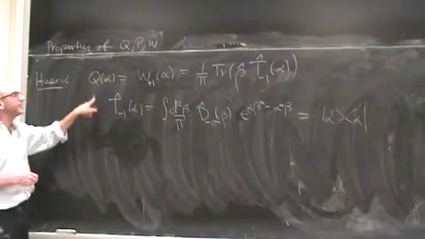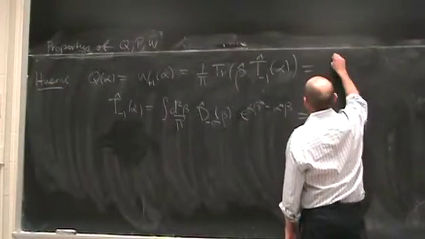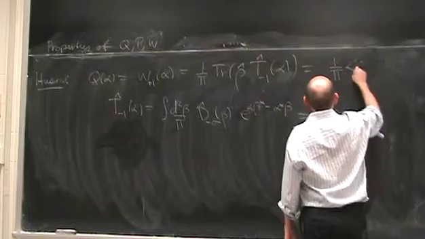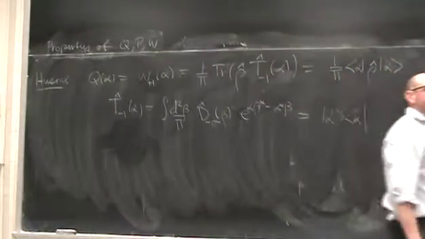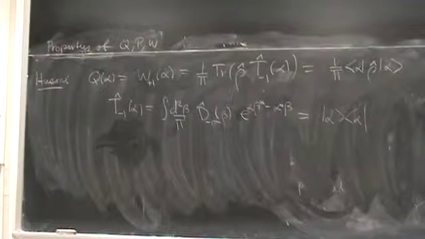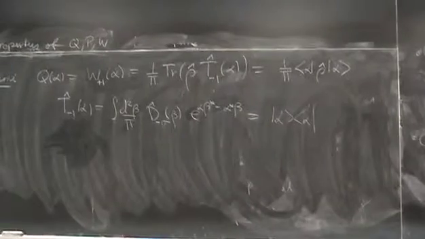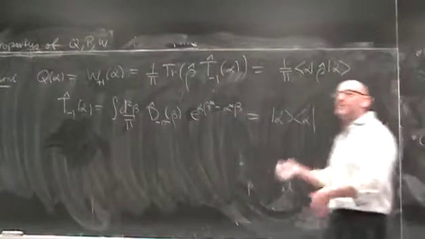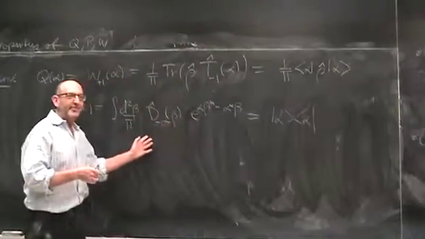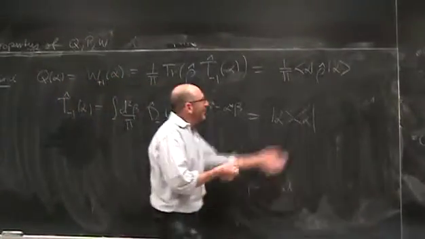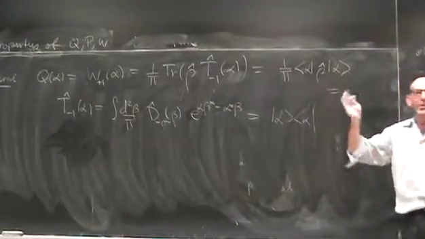This one we use all the time, because look at this. What does this say? Let's plug that in. This is equal to the Rossini function. No one in their right mind would ever write down the Rossini function as some horrible projector on the inverse Fourier transform. No, the Rossini function is just the square of the amplitude in the coherent state.